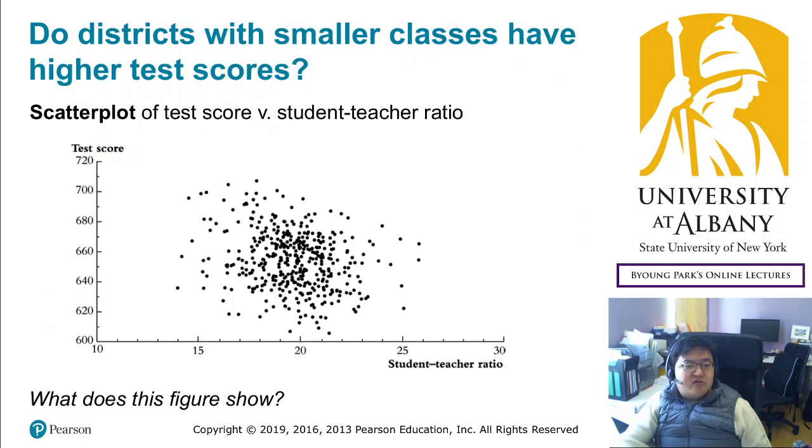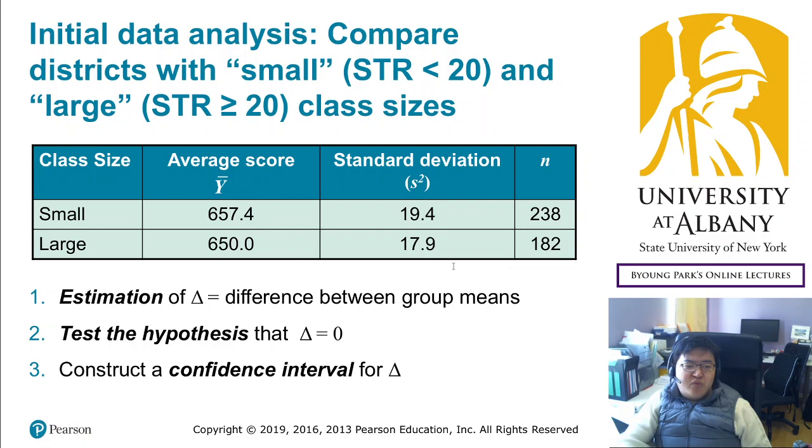So let's go back to the scatter plot. You cut the data at this point into the right side and the left side, divide the data by this line, and calculate the average for these groups, and you obtain these numbers.